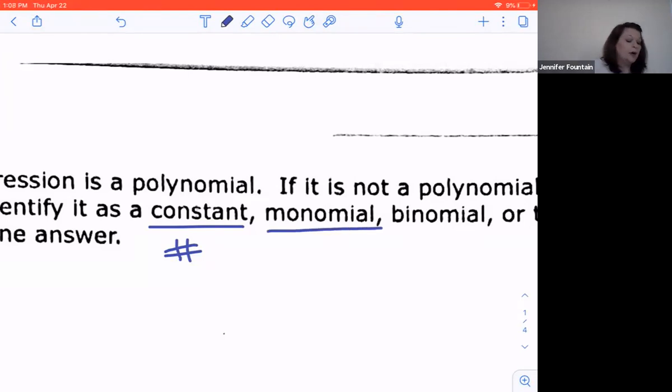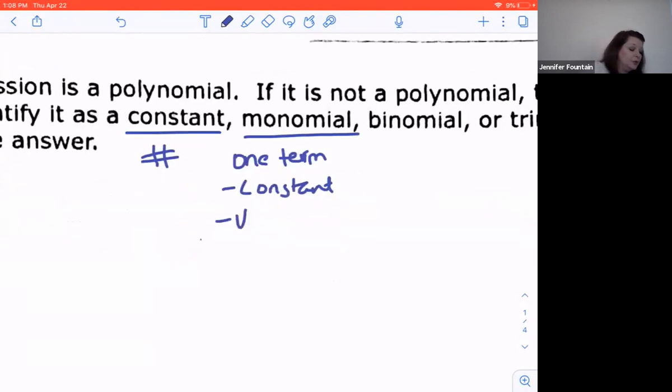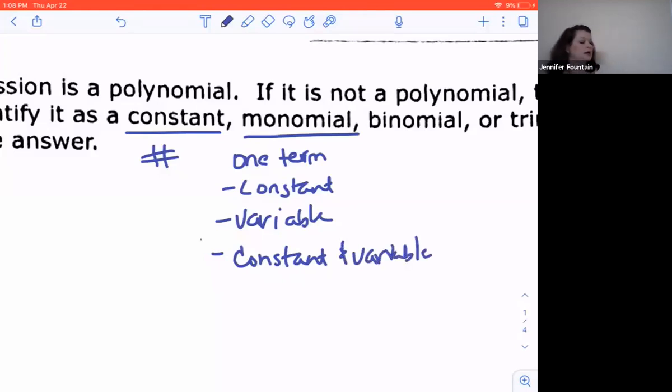Now remember we said a monomial. A monomial is only one term, and it can be a constant. We said that a monomial can be a variable, and it can also be a constant and a variable together. But the main thing is that it's just one term.